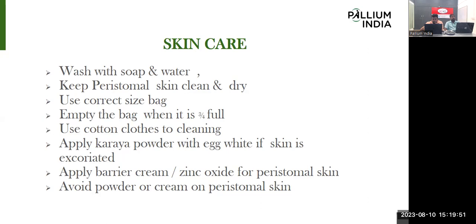Zinc oxide can also be used. If there is any foul smell, we also need to educate the patient to avoid using any powder, cream or deodorant, because it will irritate the peristomal and stomal region.